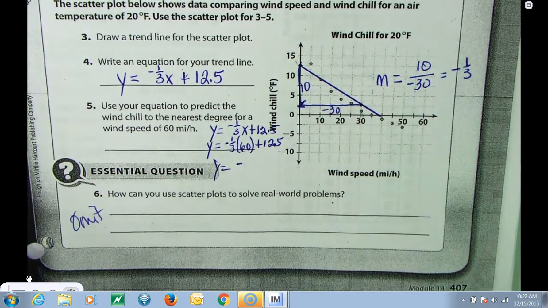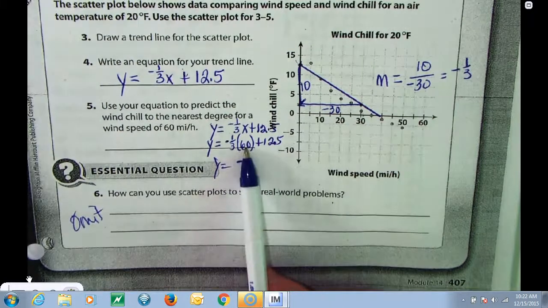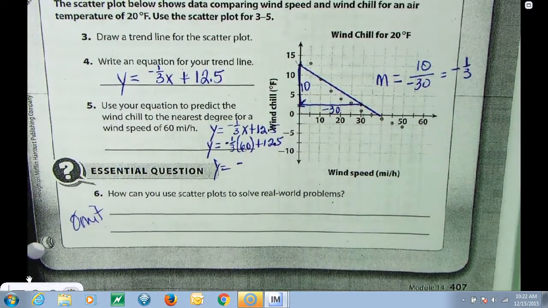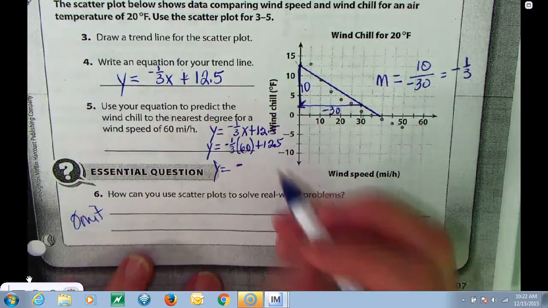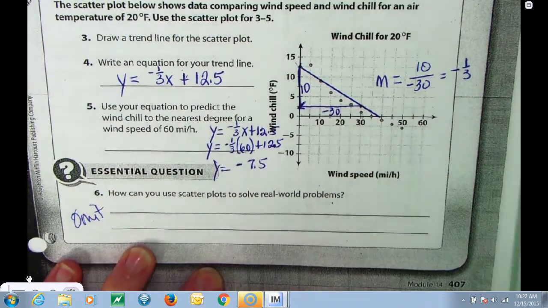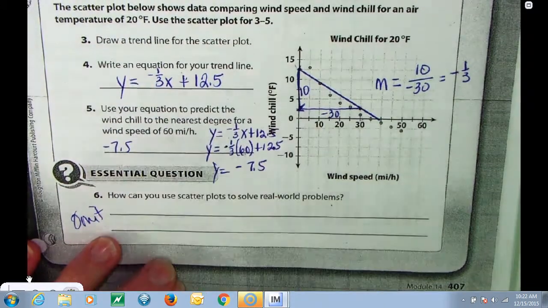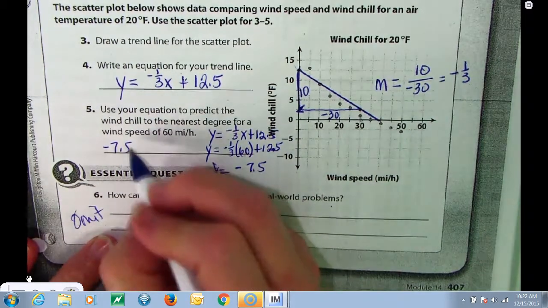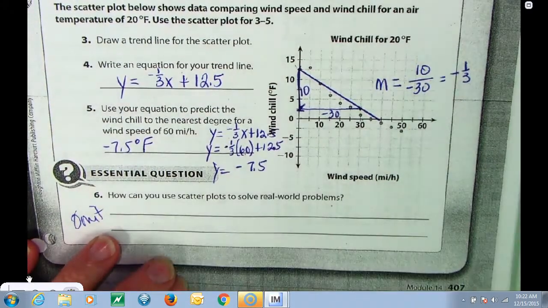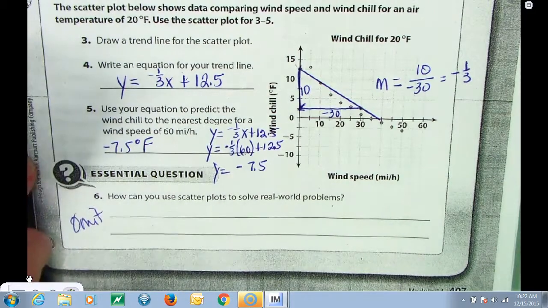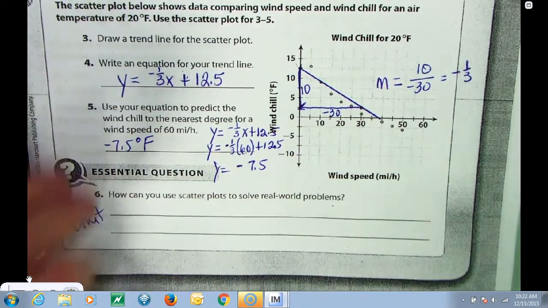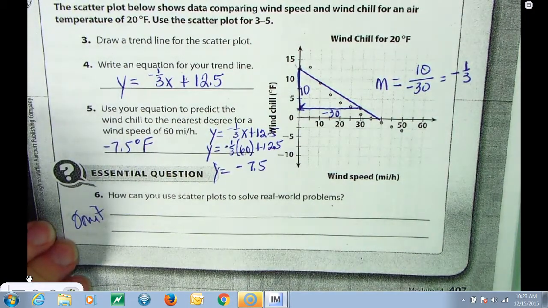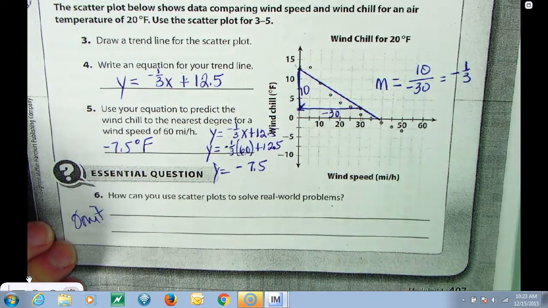Okay, what is 1/3 of 60? 20, so negative 20 plus 12.5, so negative 7.5 degrees Fahrenheit. Hey, does everybody see how we got that? Because I heard some 23s and crazy answers. What happened? You pushed that wrong in the calculator?